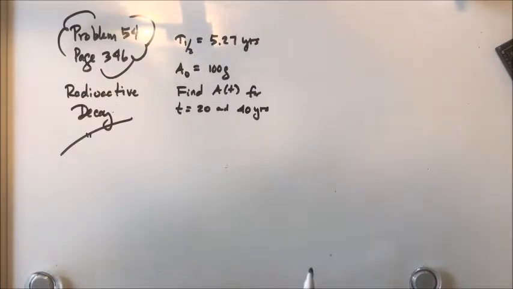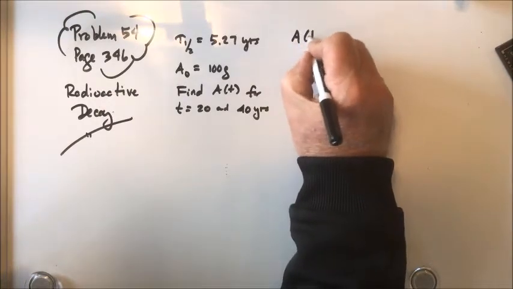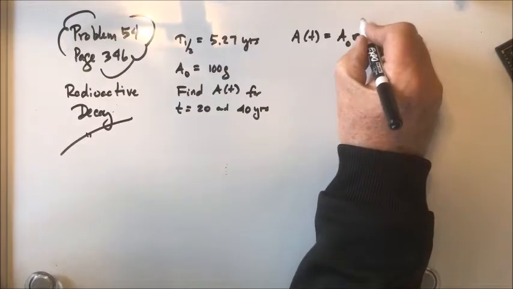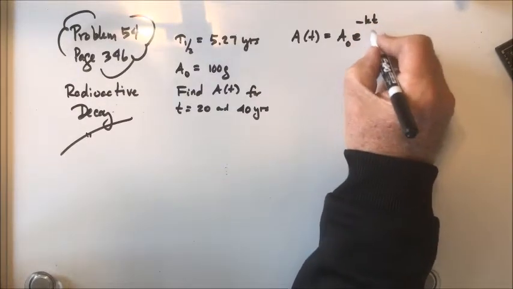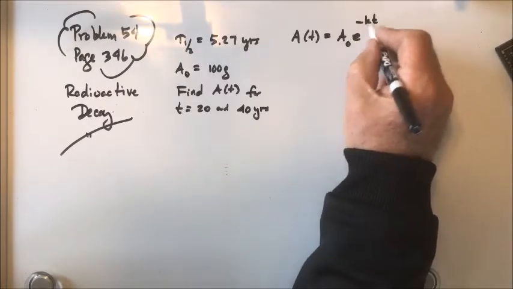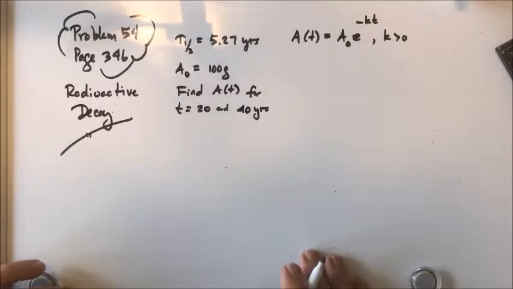So let's go ahead and try to do this problem, but I wanted to do one more thing. If the fundamental relationship for radioactive decay looks like this, and I'm going to write it like that, I like to have the minus sign. So in this case, k is going to be positive, so that e to the minus kt is going to decrease as time increases.